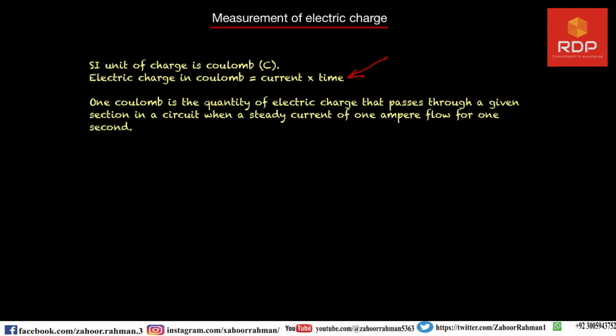Thus, 1 coulomb is the quantity of electric charge that passes through a given section in a circuit when a steady current of 1 ampere flows for 1 second. The charge of an electron or proton is 1.6 × 10^-19 coulomb.